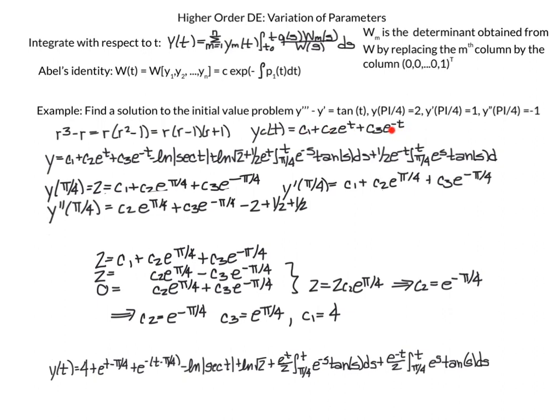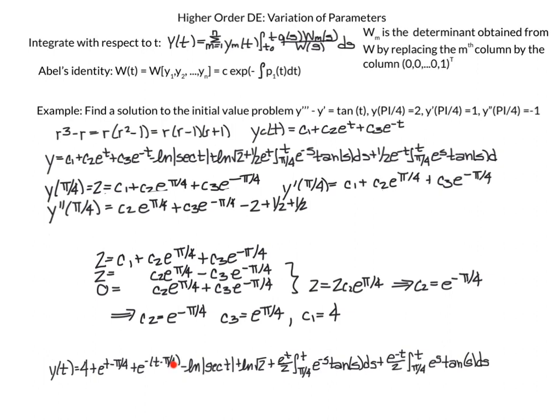But I can plug in 4 for C1 plus, what is C2? E to the minus pi over 4 times e to the t, so that will be e to the t minus pi over 4, plus C3, which is e to the pi over 4 times e to the t, so I'll get e to the minus t minus pi over 4.